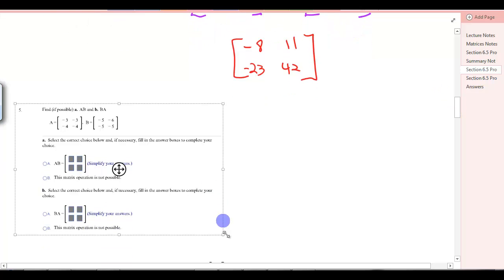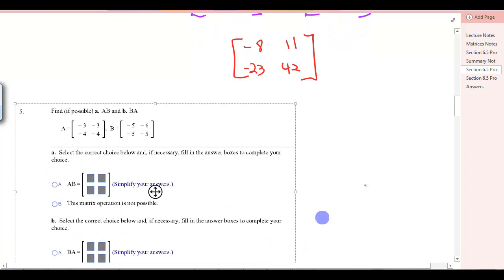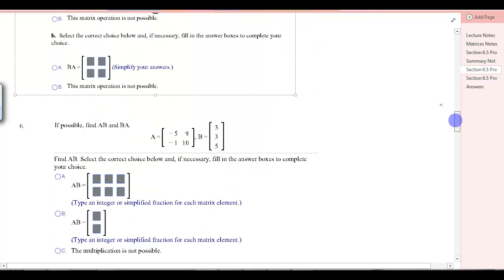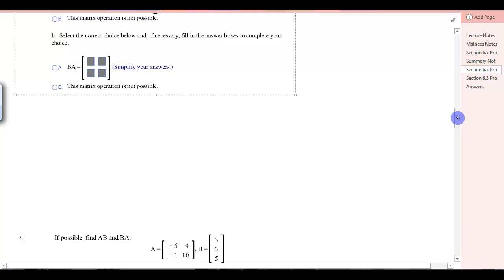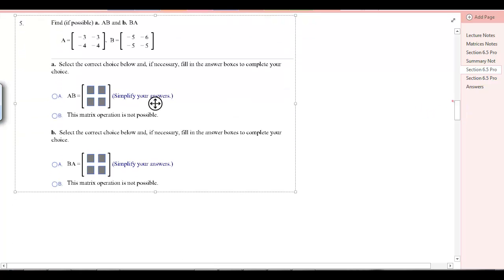All right, let's make this guy a little bit bigger and give ourselves some room. If possible, multiply A times B and B times A. All right, so let's see. They're each 2 by 2, which means, yes, we can multiply both ways.